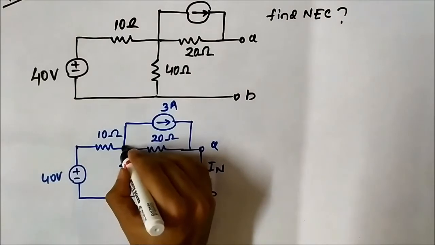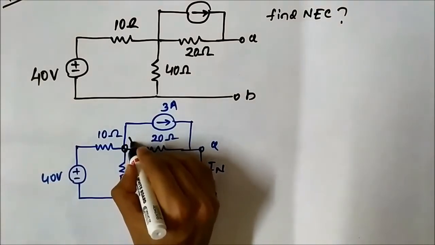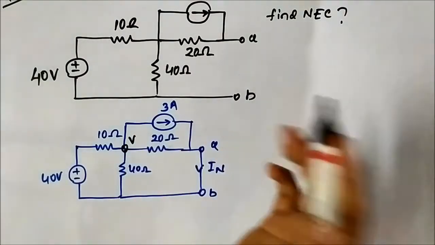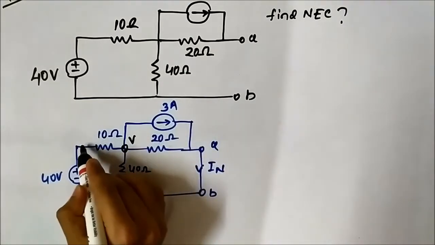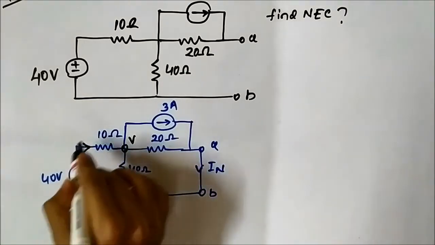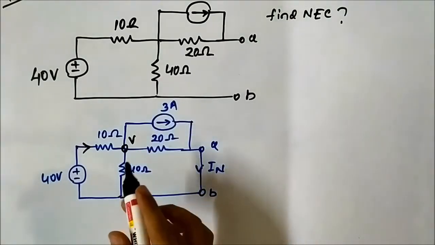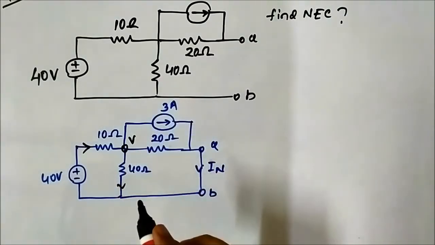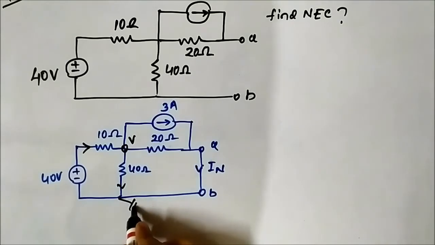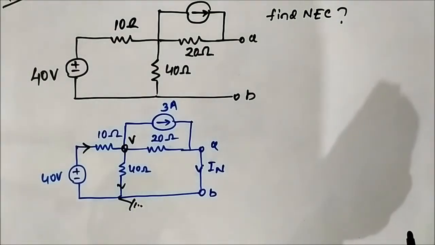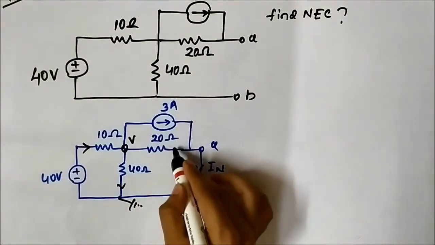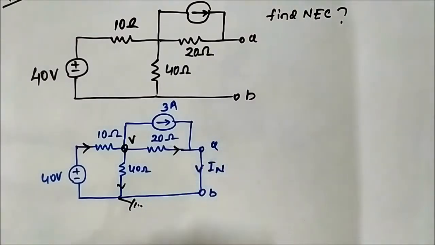Let us say this voltage here is V. Let us assign the current directions. Let's say one current flows like this. This current is flowing 3 ampere like this. Let us say this current is flowing downwards, and this current here flowing like this.